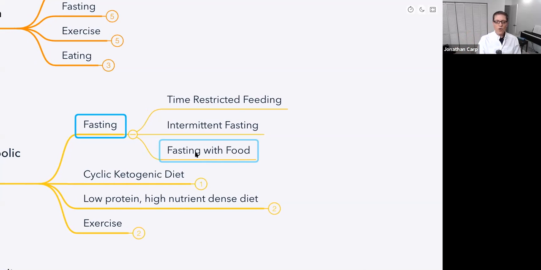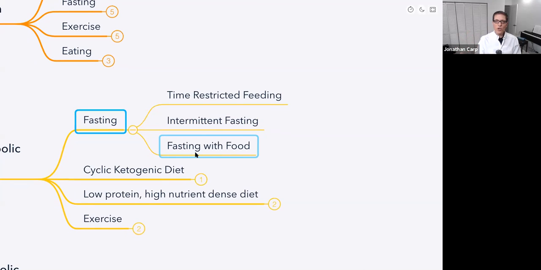And the other thing is that when you're doing a fasting with food, you're not going to lose the muscle mass that you would normally lose in a water-only fast, because you're getting nutrients. It allows you to preserve your muscle. And obviously we want to get rid of fat, we want to activate that lipolysis, the breaking down of fat. So there's that.